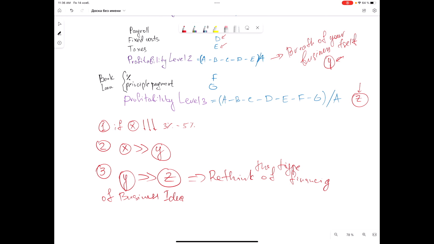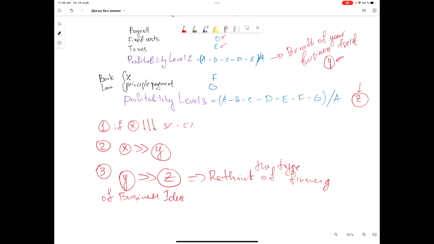And people who don't create financial models, who don't create business plans, they just rush into the business, and they are quite surprised when they start the operating activity. They are quite surprised about how their profits compare with the level of loan payments that they have.